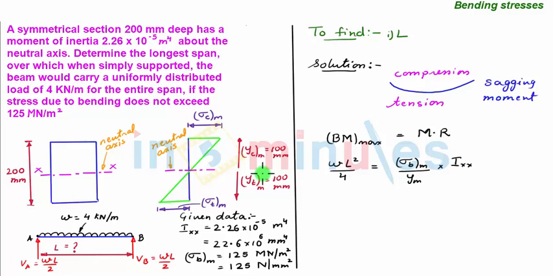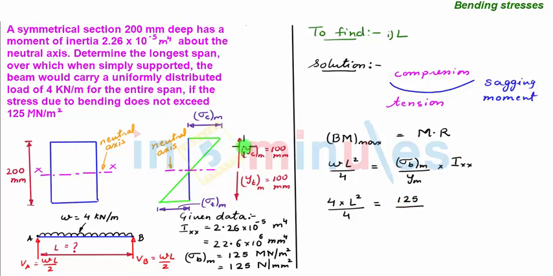Upon substituting the values, W is 4 kN per meter. If we convert it into N/mm, it remains the same, so 4 multiplied by L² upon 8 is equal to the bending stress maximum, 125 N/mm², upon Y max.